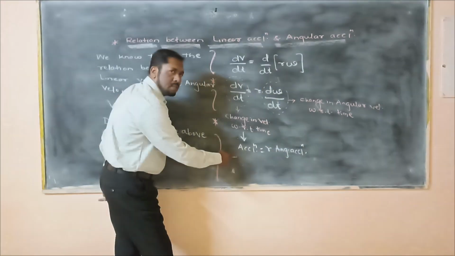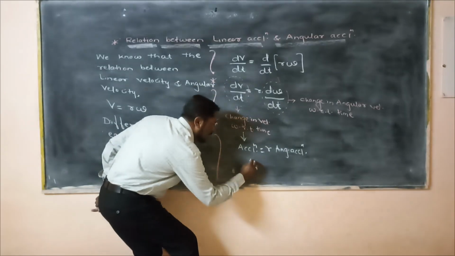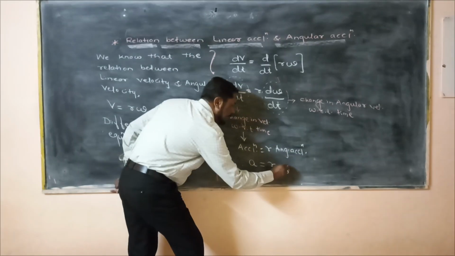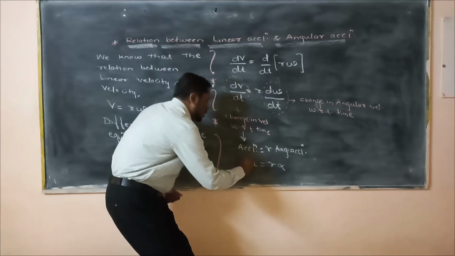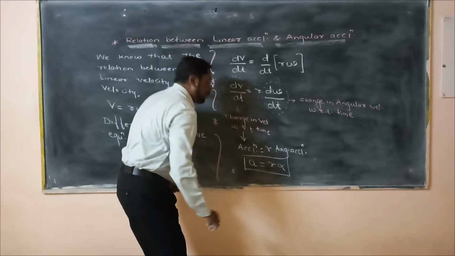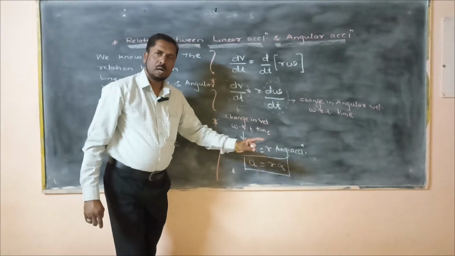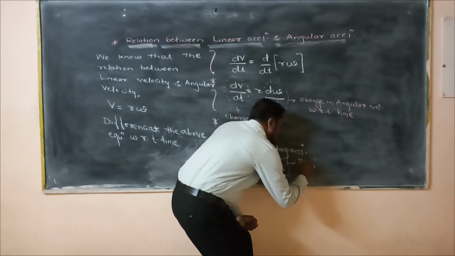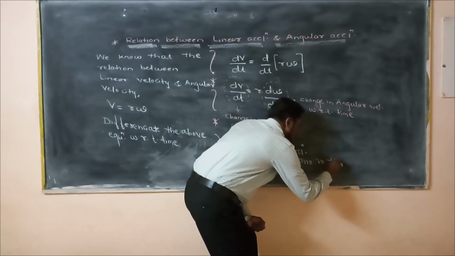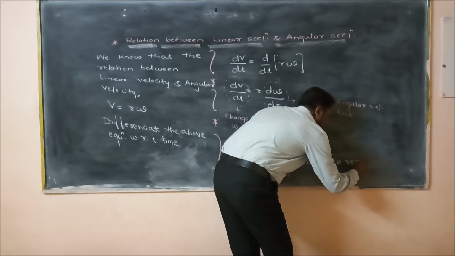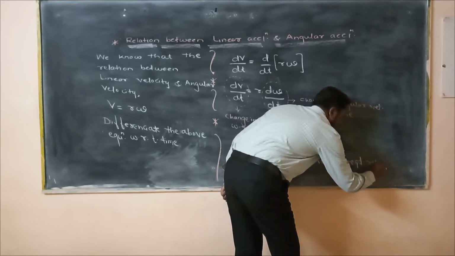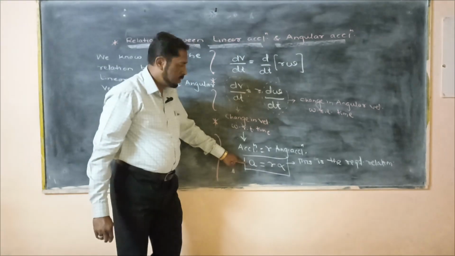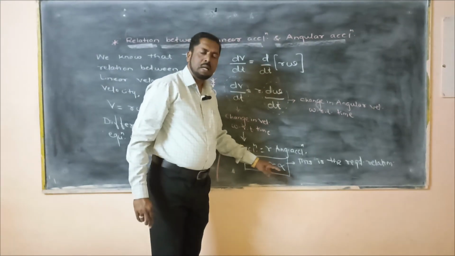Acceleration is denoted by a, so a is equal to r. Angular acceleration is denoted by alpha. So what we get: a is equal to r alpha. This is the required relation between linear acceleration and angular acceleration.